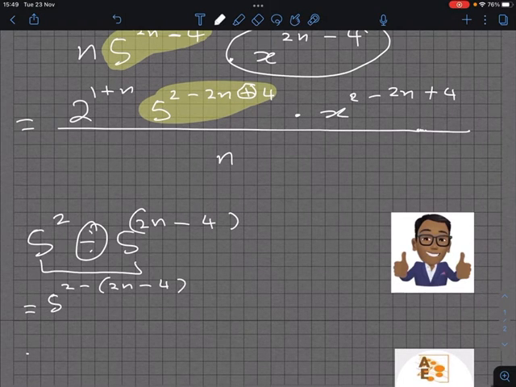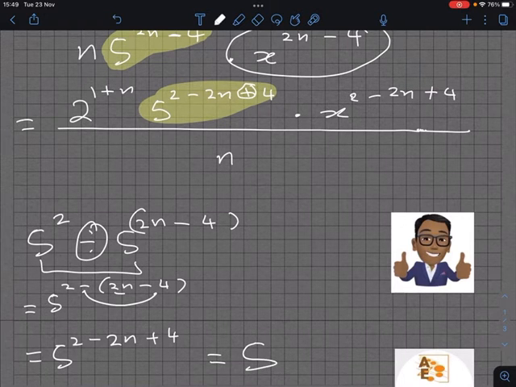There will be negative and positive 2n here, so minus 2n. Negative and negative give you positive 4, right? Simple. And of course, then we can further simplify. 5, 2 and 4 will give you 6 minus 2n, right?